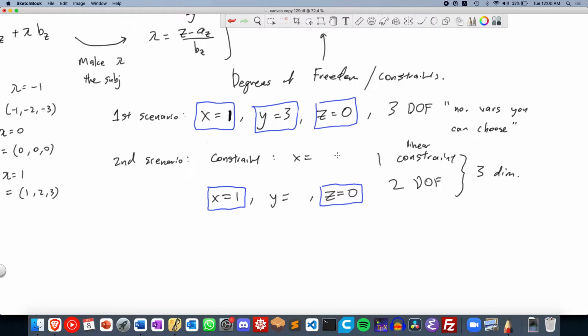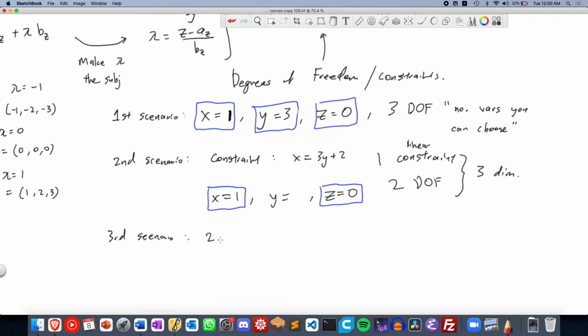There's no squaring and stuff. So if it's a linear constraint, then it could be like x equals 3y plus 2, or so on. But the point is, if we have one constraint and 2 degrees of freedom, you add them up, you get 3. So let's imagine a third scenario now.